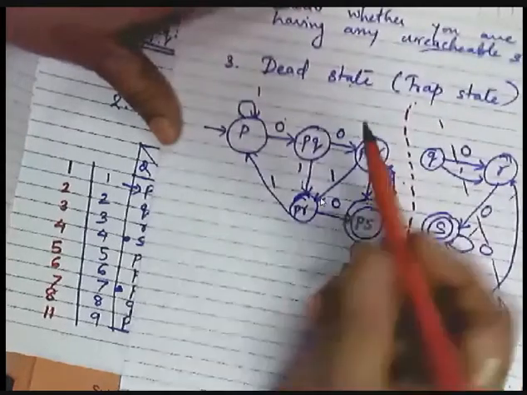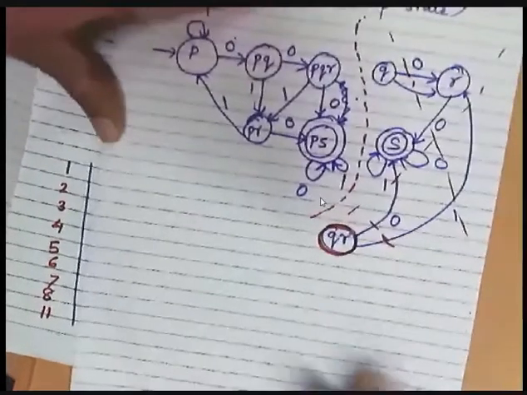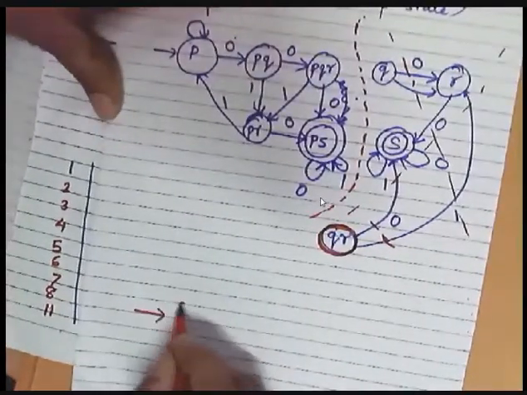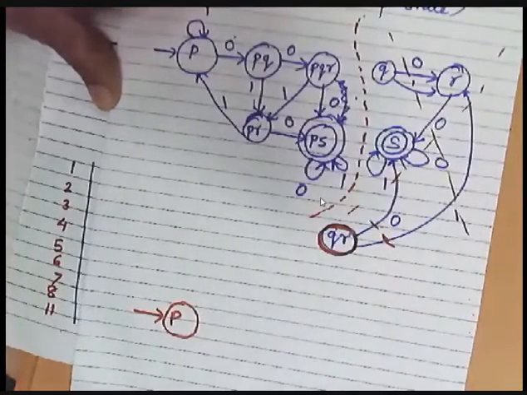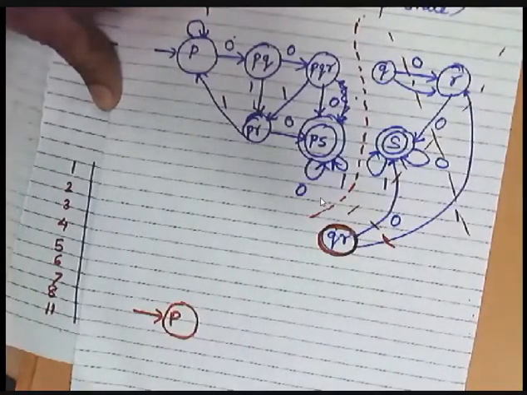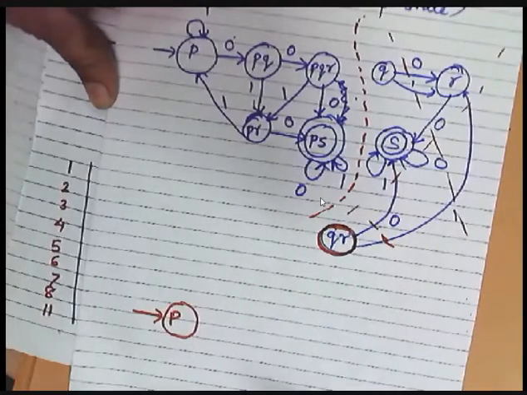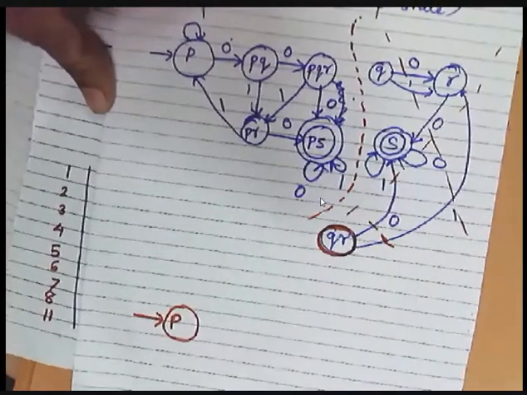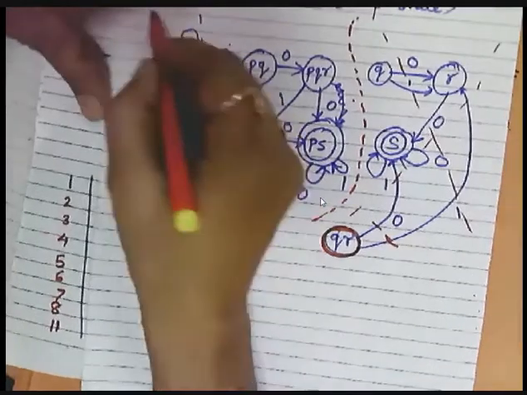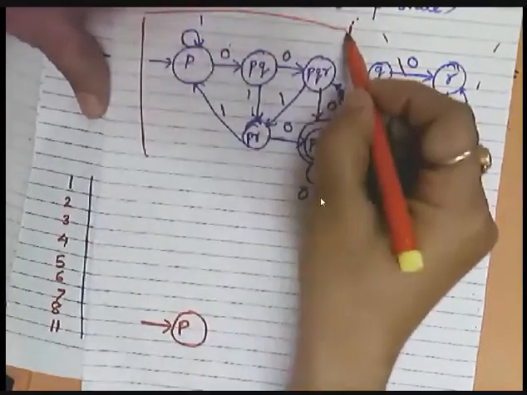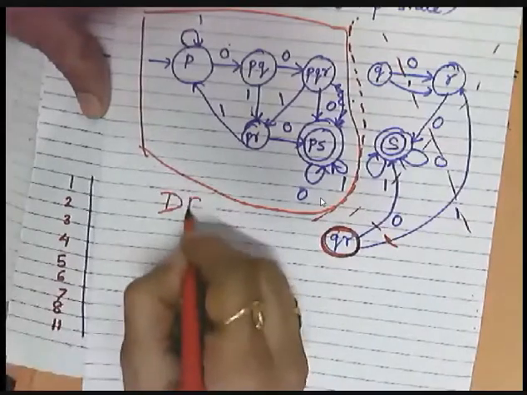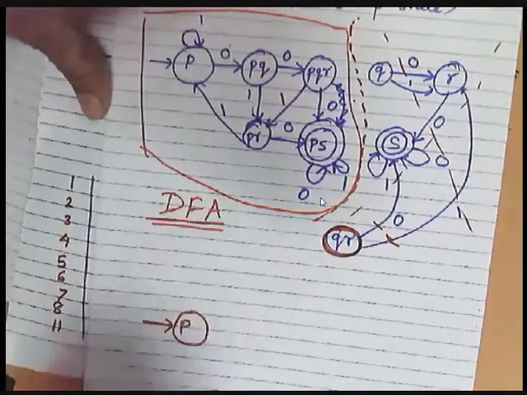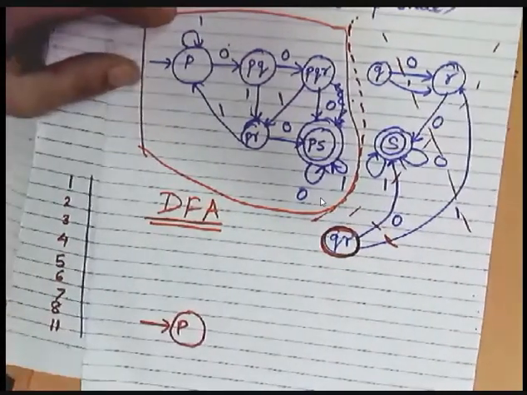So finally our DFA is P. Just copy all this and nominate these particular states. This will be your final DFA.